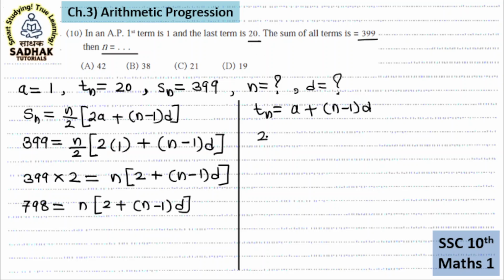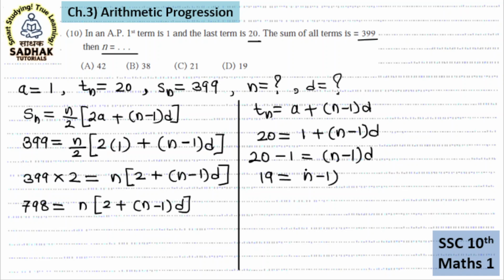So Tn is 20. Okay, we don't know what is n. A is equal to 1 plus n minus 1 d. Okay, so if this one is taken here, then 20 minus 1 will be n minus 1 d. So 20 minus 1 will be 19. 19 is equal to n minus 1 d.